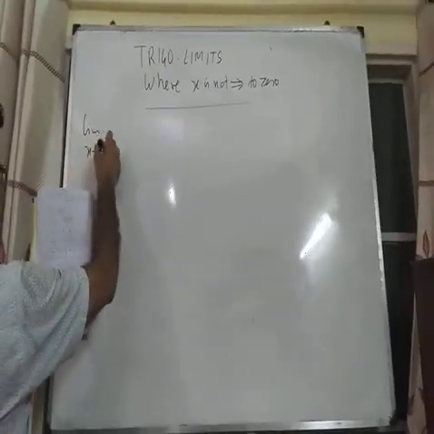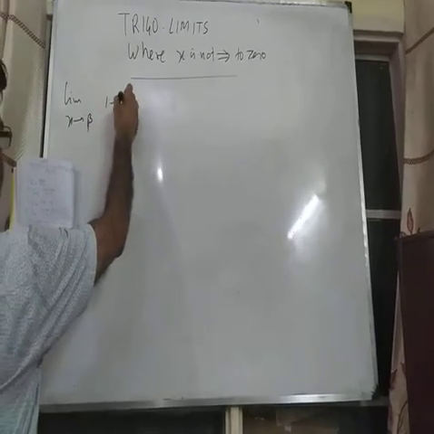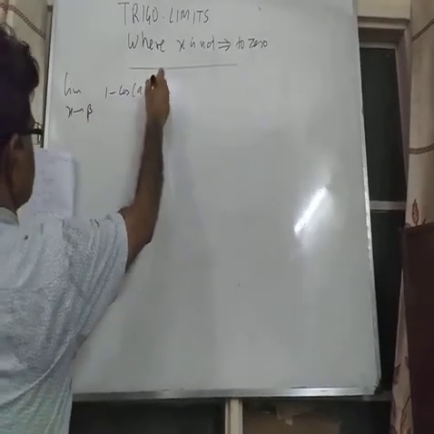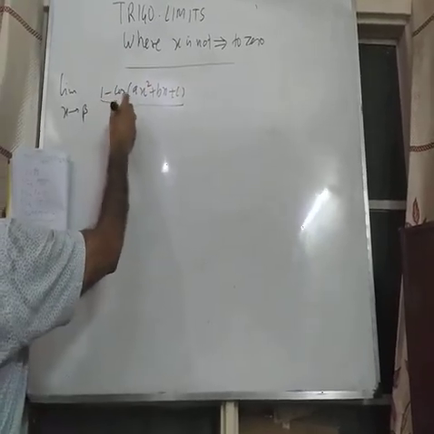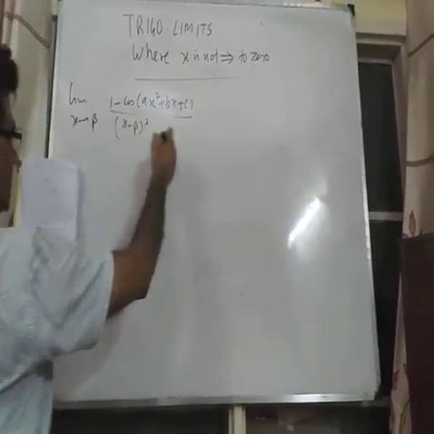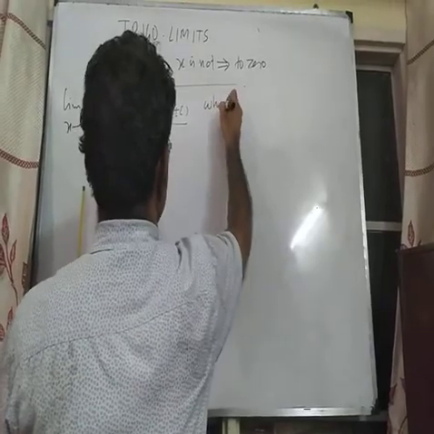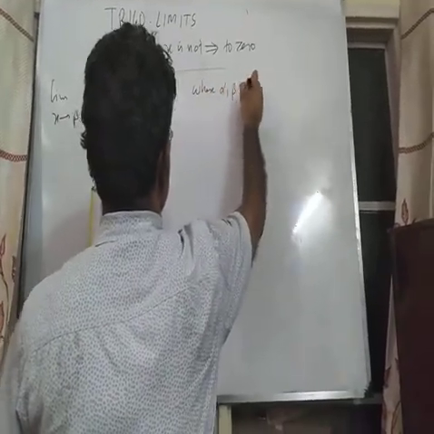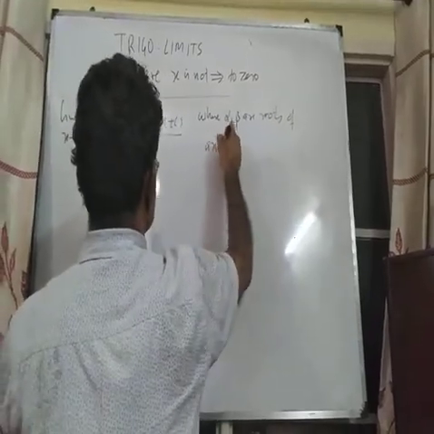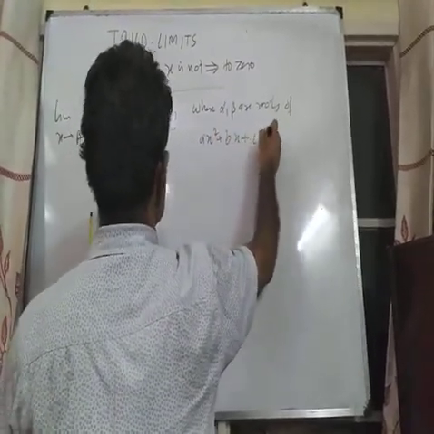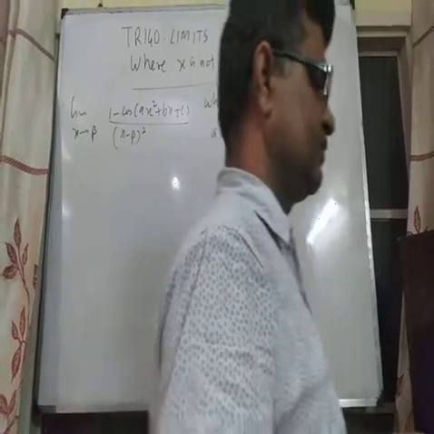Limit x tends to beta, 1 minus cos of ax square plus bx plus c upon x minus beta whole square, where alpha, beta are roots of ax square plus bx plus c equals 0.